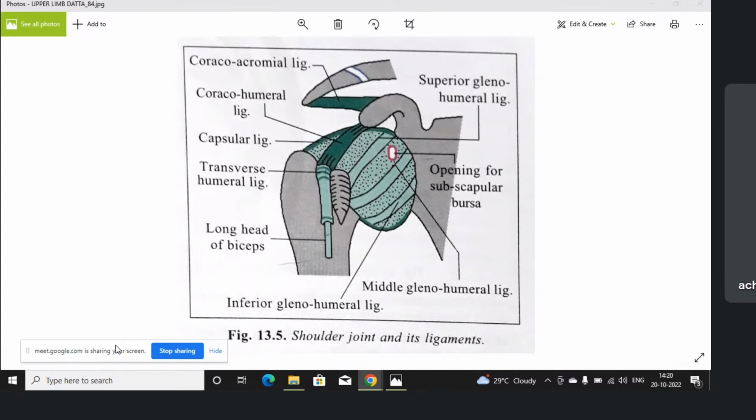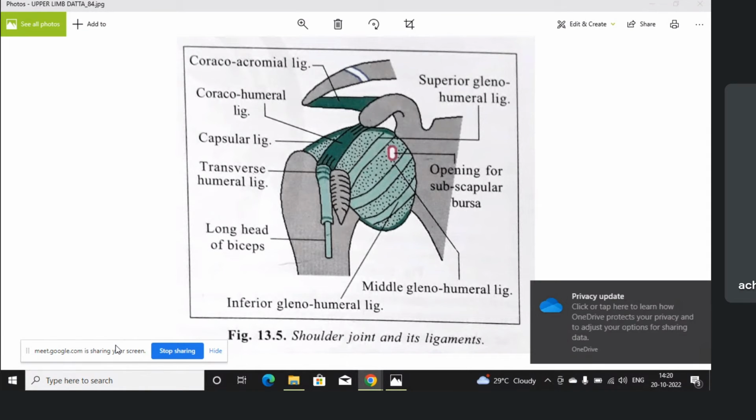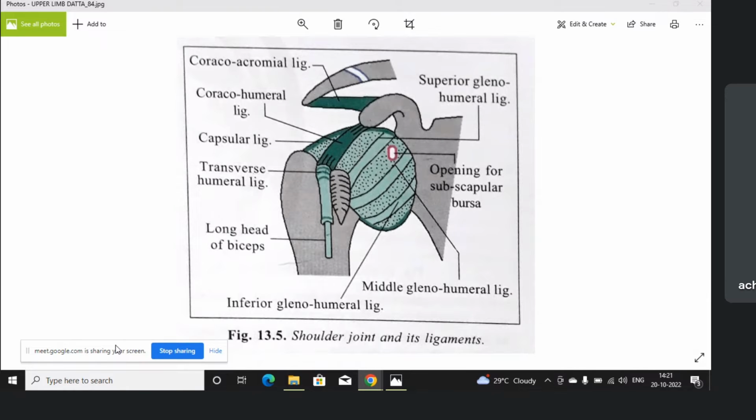Next, bones forming the joint. Two bones form the joint.